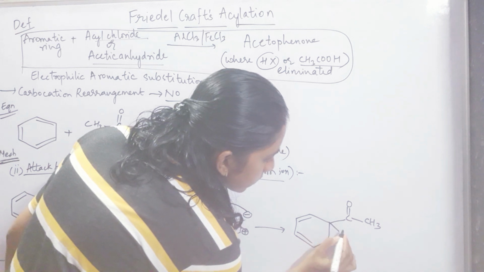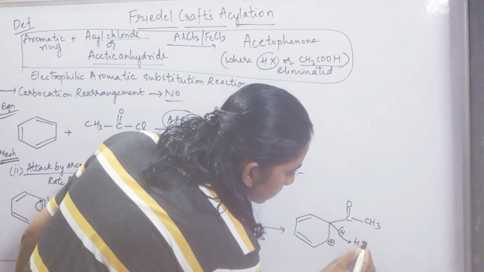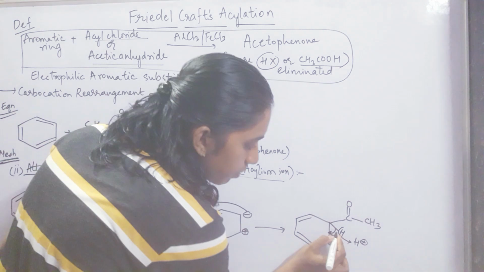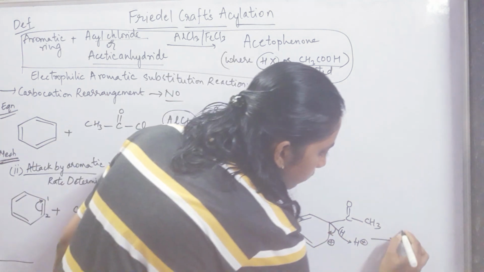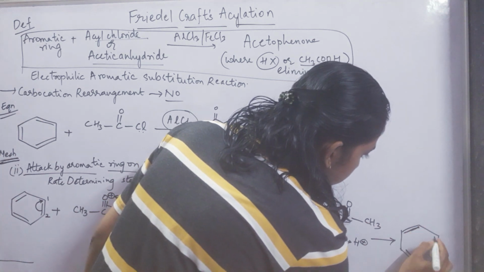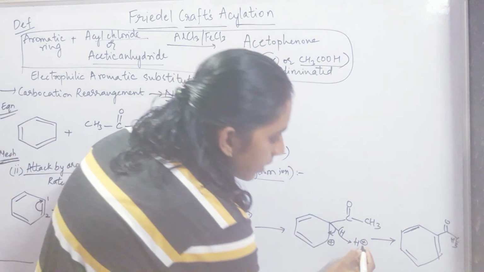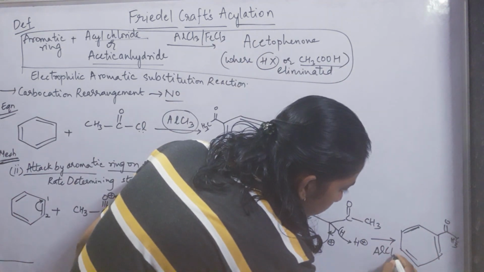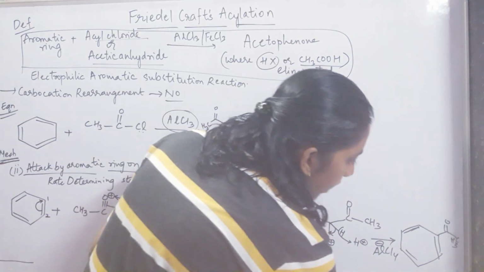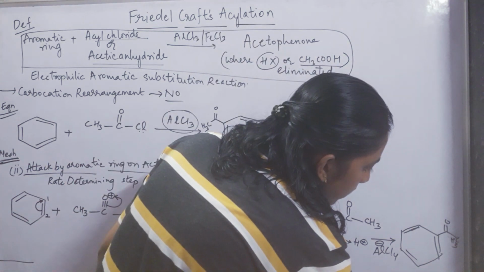Now the hydrogen on the first carbon will be removed as H plus by shifting this sigma bond, or single bond, between these two carbons, forming a double bond between 1 and 2 carbons, C=O CH3, and this H plus will react with one of the chlorine groups of AlCl4 minus and will be eliminated as HCl plus AlCl3.